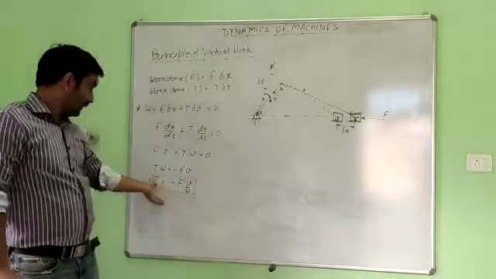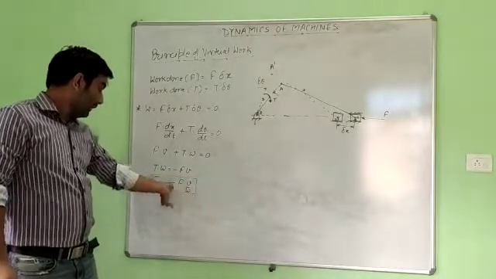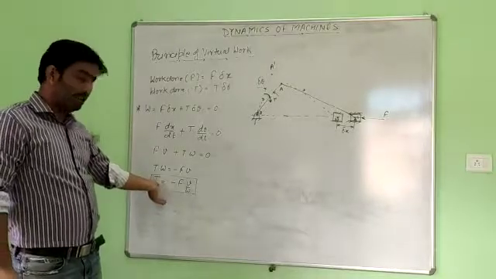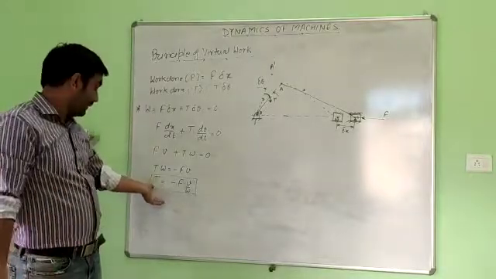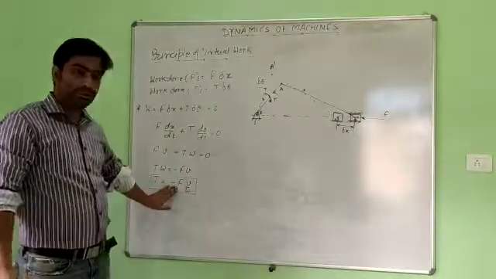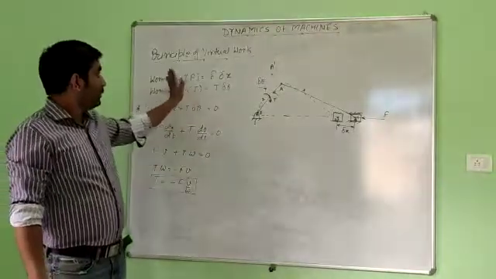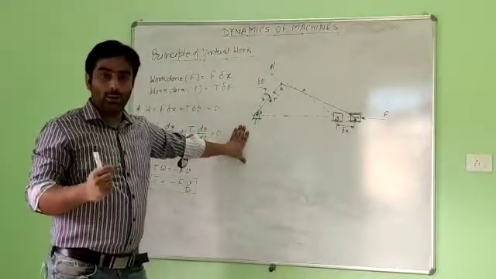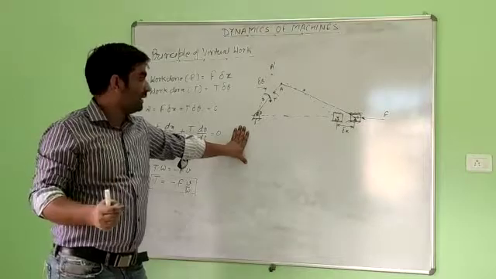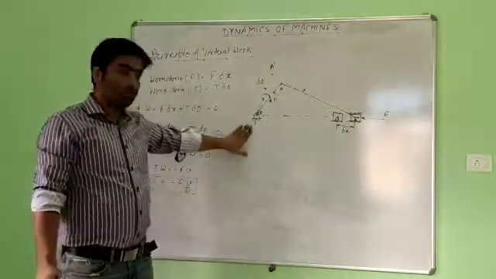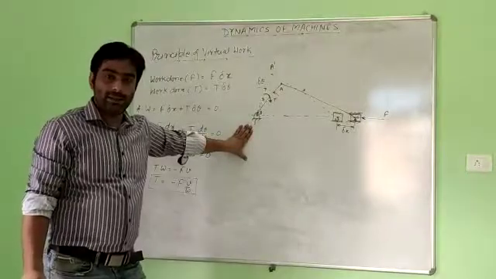We have to take care of omega also, the angular velocity along the direction of torque. So we have to take care of these two points. For virtual displacement, we require the velocity diagram of the mechanism.